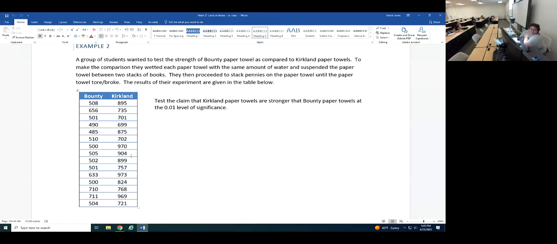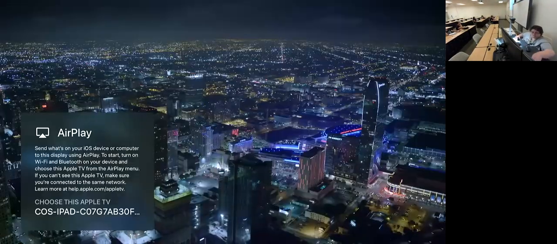This is the results they got. We want to test the claim that Kirkland paper towels are stronger than Bounty paper towels at the 0.01 level of significance. When you have problems like this, like in StatCrunch or in the homework, they'll give you a data set. The first thing we have to do is write down some information.